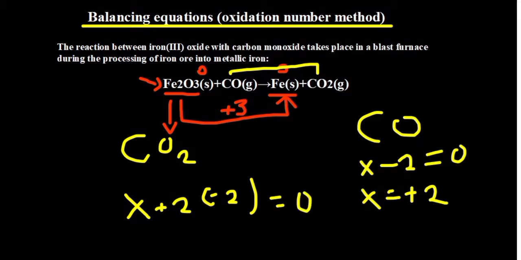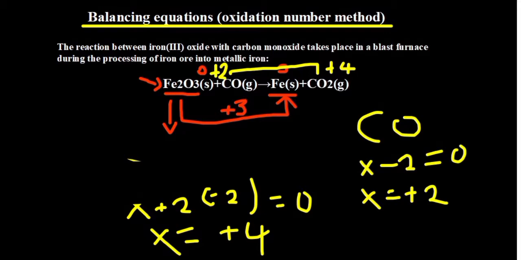In this case our x will be equal to +4. So there it's 4. Here it's 4. Initially it was 2. So we've determined the oxidation numbers of carbon before and after, including for iron before and after.